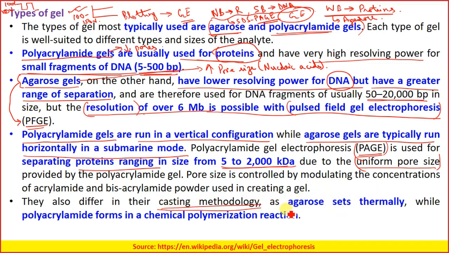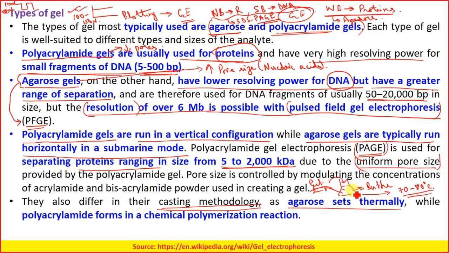So what is the difference? Agarose gels can thermally set. You have a beaker with a buffer. To this you add agar and then heat it up at around 70 to 80 degree centigrade. During this process, the agar gets dissolved within the buffer, and when you cool it down to room temperature, it will form a gel.